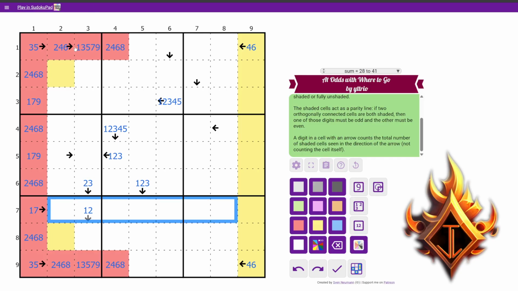2, 4, 6, 8. Let me try to find something else. If that is 2, or if that is 1, if this is 1, oh, the point is, right, the point is that this has to be red.